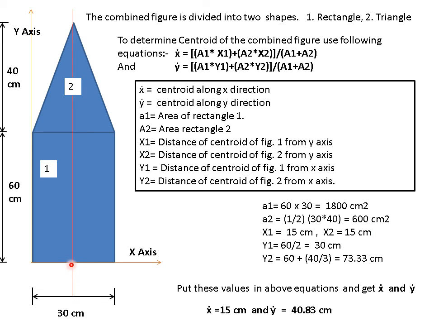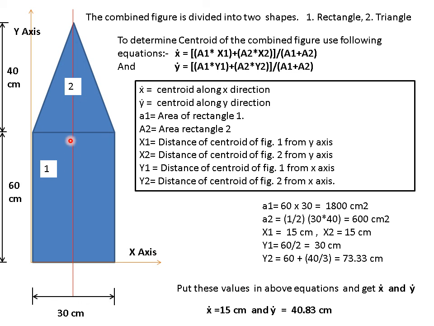y1 is the distance measured from the x-axis to the center of the figure along the y direction. Here the total height is 60, so y1 is 60 by 2, that is 30.